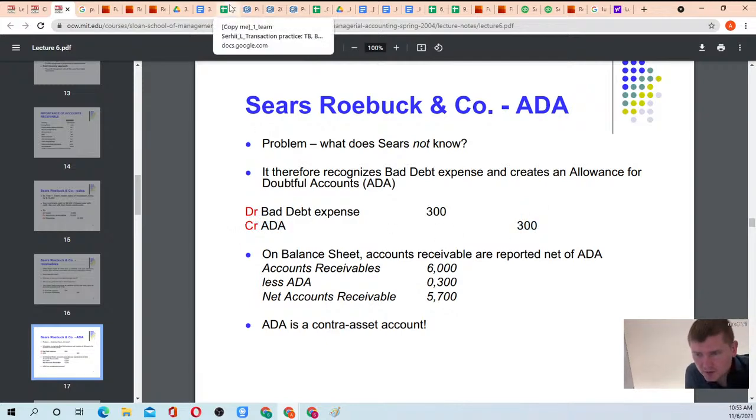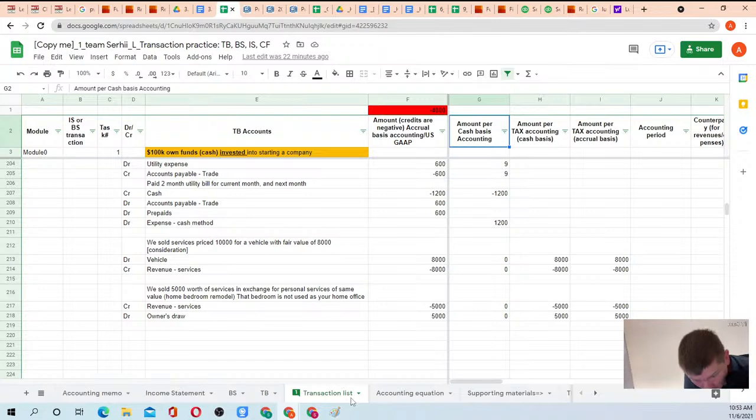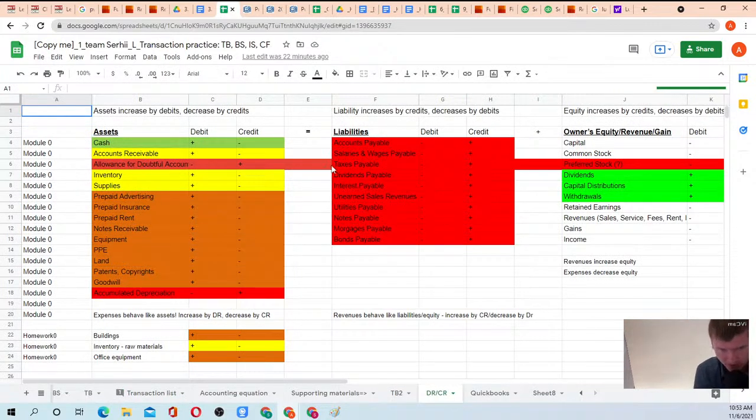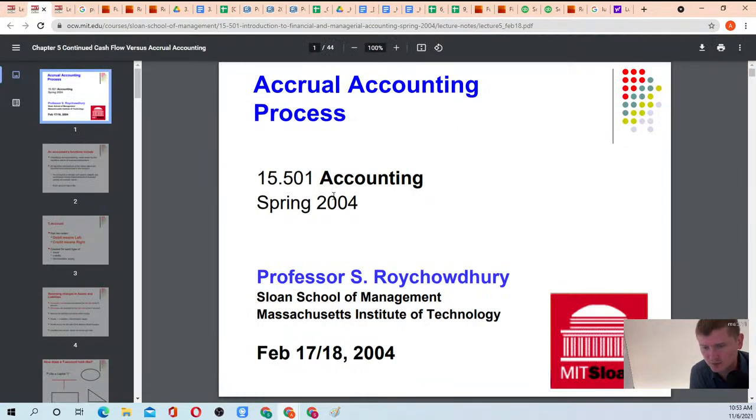If you remember from earlier lessons, we have a debit credit tab here, and we have that allowance for doubtful accounts here. So basically it reduces your net accounts receivable. On your balance sheet you reflect net accounts receivable, and that account reduces your gross accounts receivable. And that's basically what we do here.